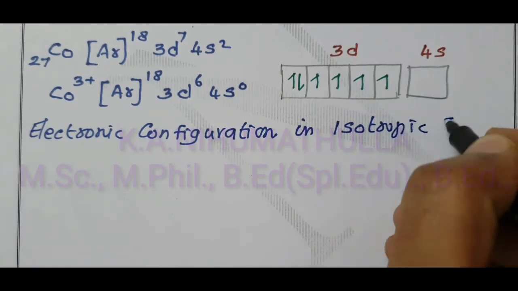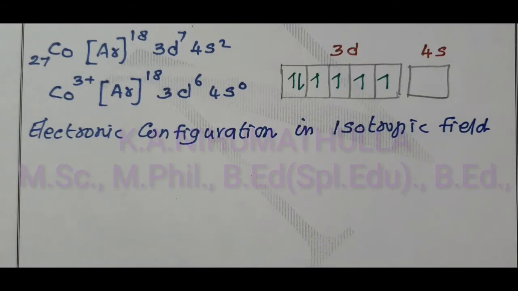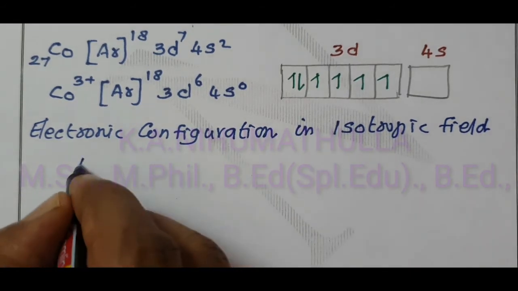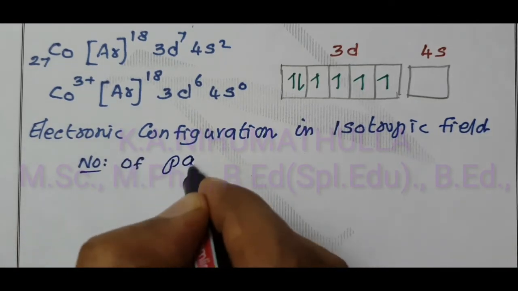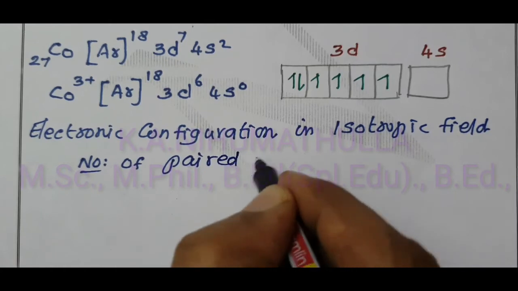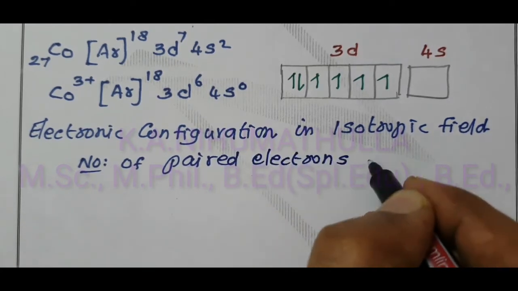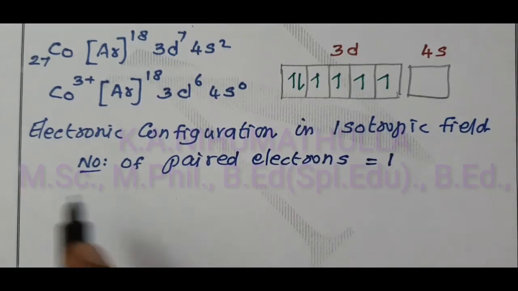The isotropic field, the barycenter. To calculate this, we require the number of paired electrons. The number of paired electrons in the isotropic field is equal to 1.